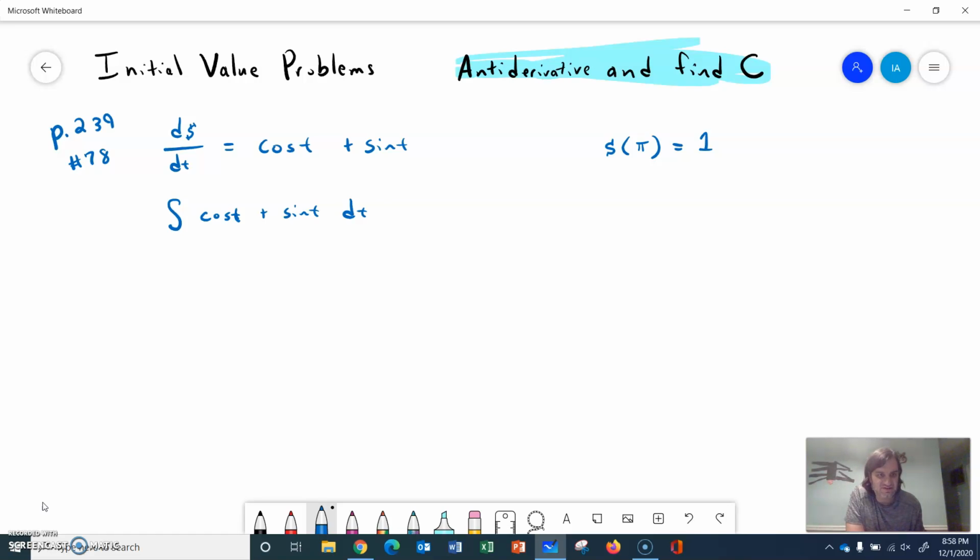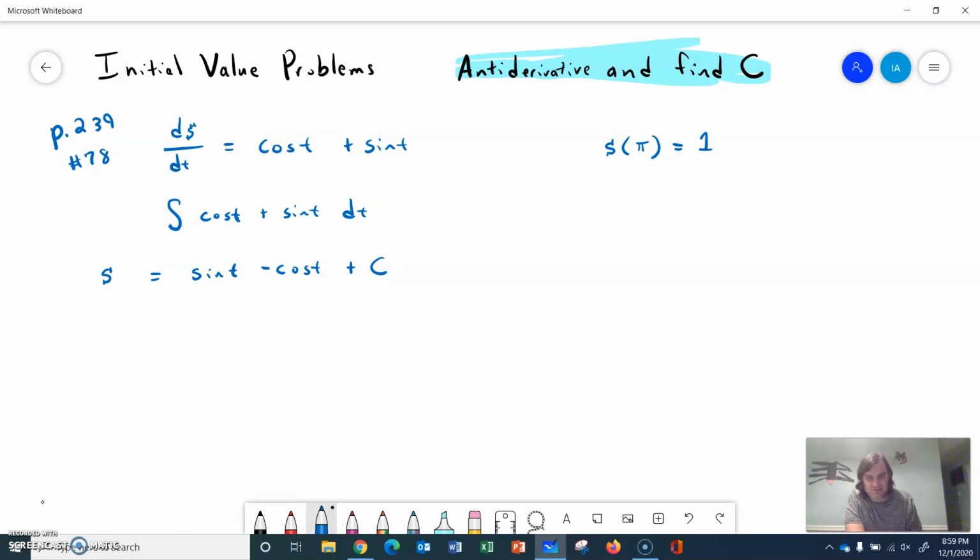The antiderivative of cosine is sine t. And the antiderivative of sine is negative cosine. And we'll have a plus c. So this is our integration of s prime, so now this is s. Okay, so that's our function.